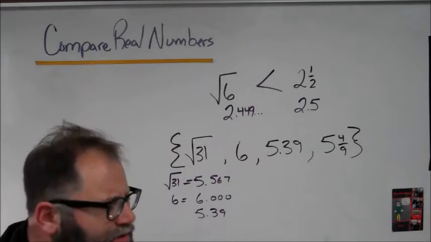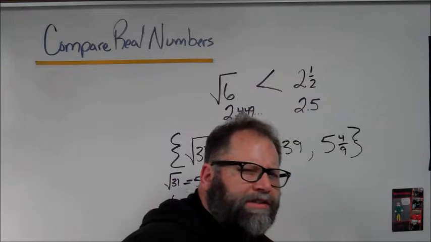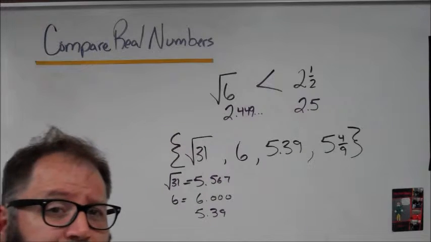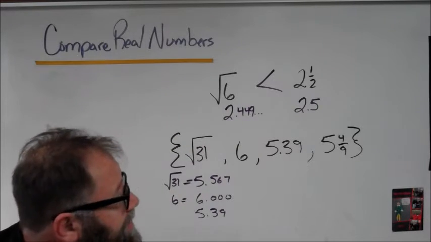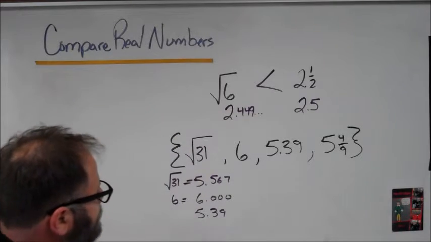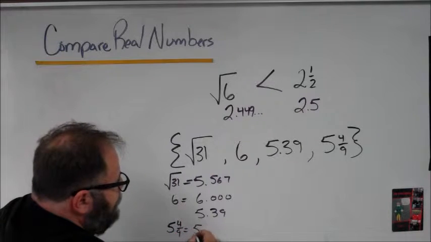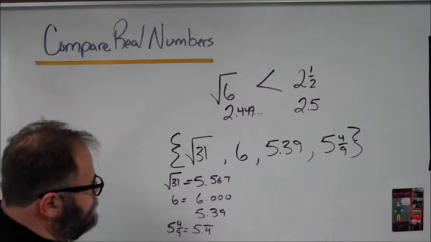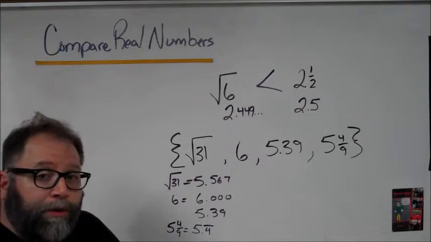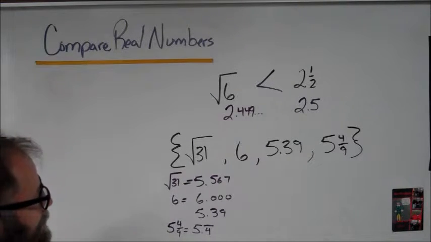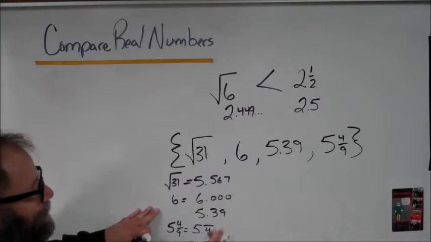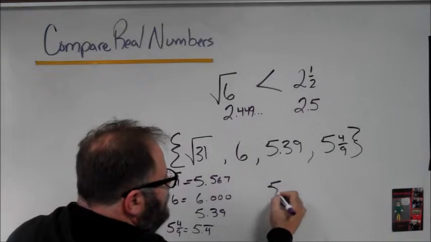And 5 4/9. Okay, do you remember 5 4/9? That 4/9 means a repeating decimal because of that 9 in that denominator. So that 5 4/9 is going to be 5.4 repeating. Now, if we put these in order from least to greatest, let's look and see here. The 5.39 is the least.